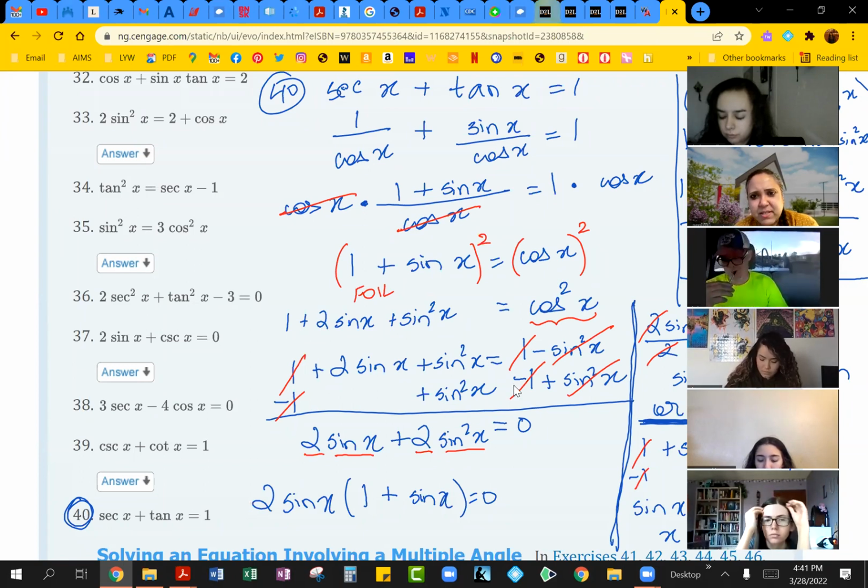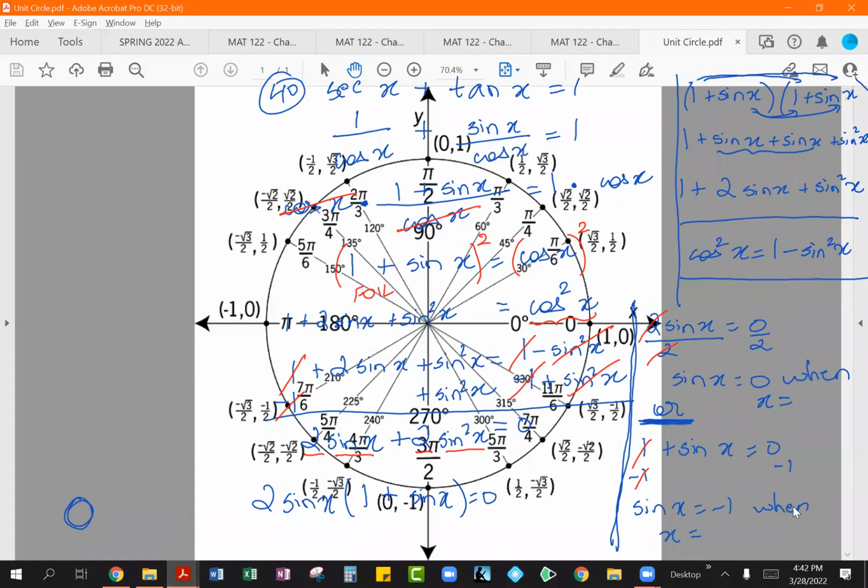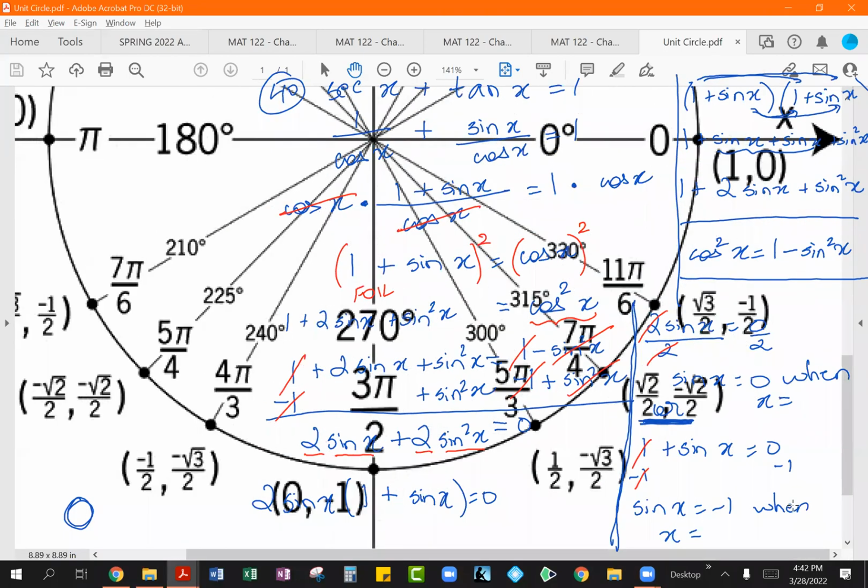Okay, let's see those answers, guys. All right, I've got pi, 0, 3 pi halves, 3 pi halves, pi and 0, -1, 0, 3 pi halves, okay? So I know this is going to be a little bit of a challenge to see through all my writing over here.